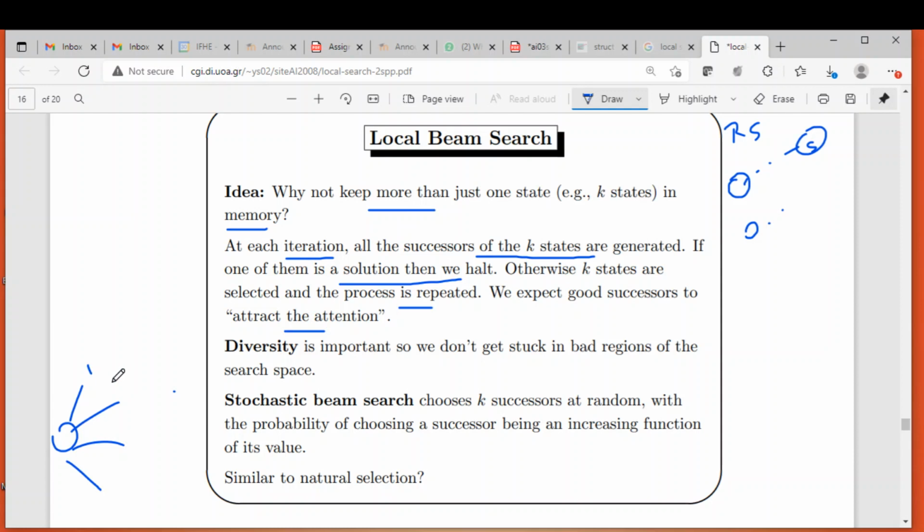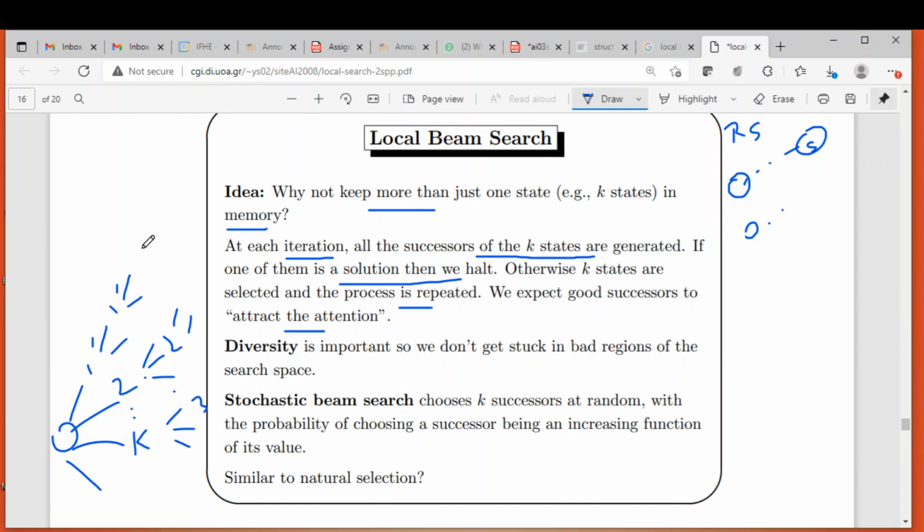For all the k states we generate the successors. Again from these we choose the best k states, and it will continue. We generate all the successors again and identify k states again. At one point the algorithm will converge.